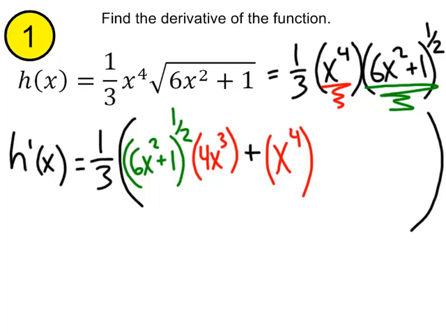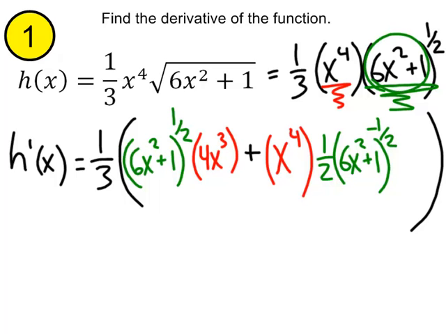I'm going to bring the 1/2 in front, keep the 6x squared plus 1, just raise it to the negative 1/2 power because I need to reduce this exponent by 1, right? And then I need to multiply all that by the derivative of the inside, the derivative of 6x squared plus 1. The derivative of 6x squared plus 1 is simply going to be 12x.